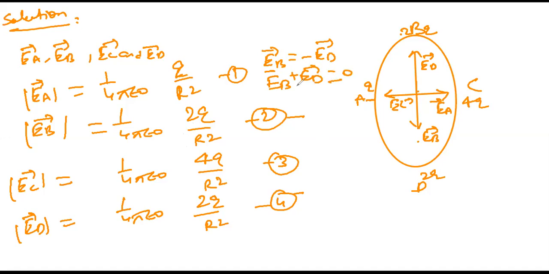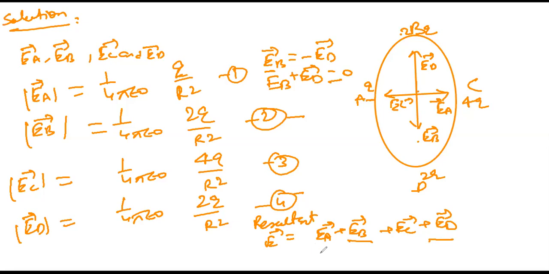No, sir. So resultant electric field E is equal to EA plus EB plus EC plus ED. EB plus ED will be 0.